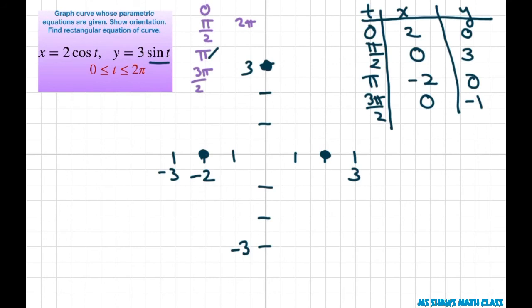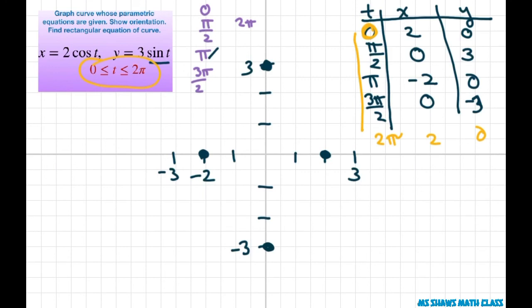So there's that point. It's negative 1, but times 3, it's negative 3. And then 2 pi is the same as 0. So we started with 0, and then we're going to 2 pi, and that was (2, 0).